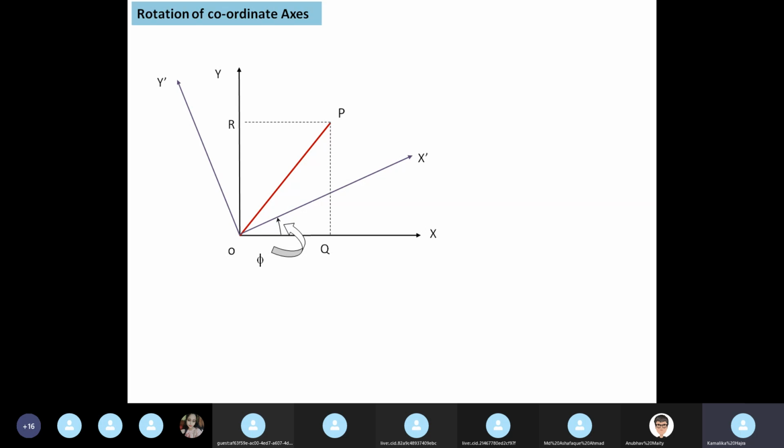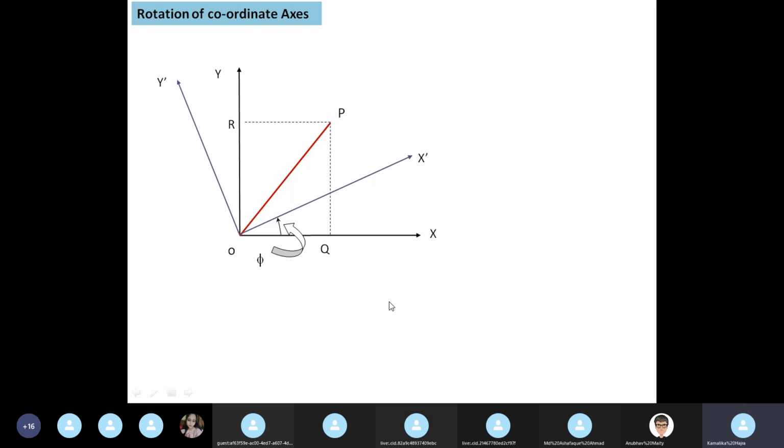Now what I do is I rotate the coordinate system. I rotate the system by an angle phi so that new position of x axis is x prime and new position of y axis is y prime. But the vector remains the same. The vector OP, I do not change it.